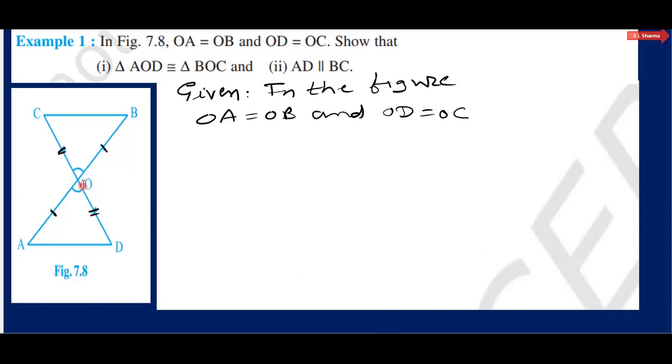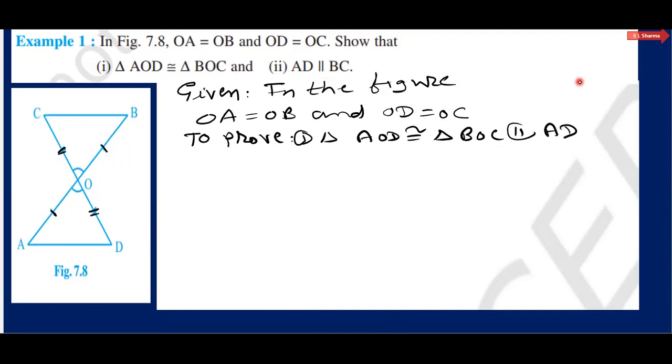And we have to prove that, number 1, triangle AOD is congruent to triangle BOC, and number 2, AD is parallel to BC.